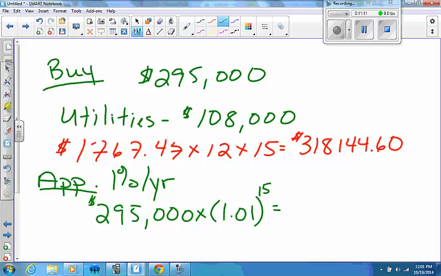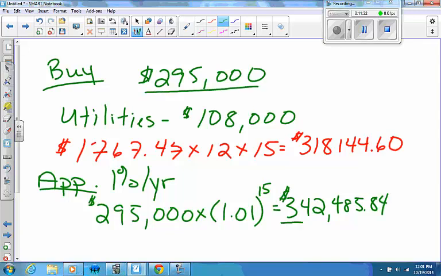I'm going to get a value of $342,485.84. So over the 15 years that I lived at that house, it went from a value of $295,000 to $342,000. It actually increased in value.